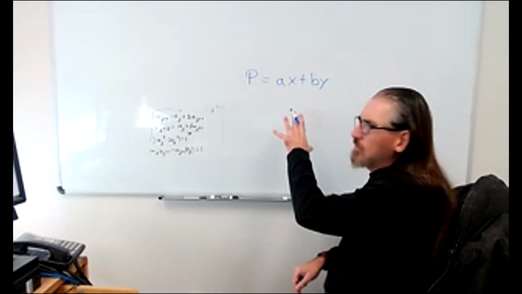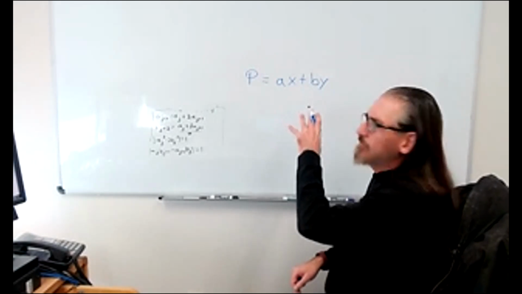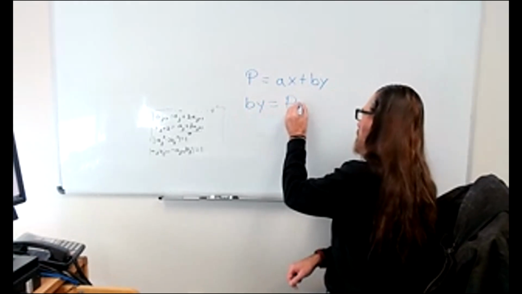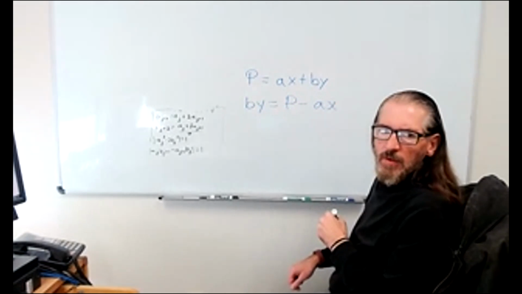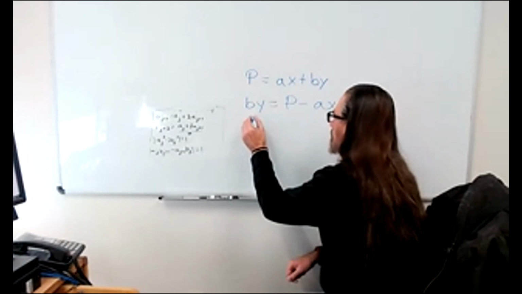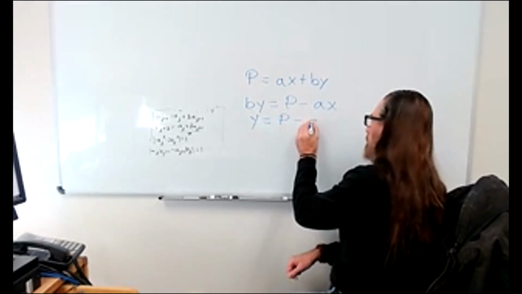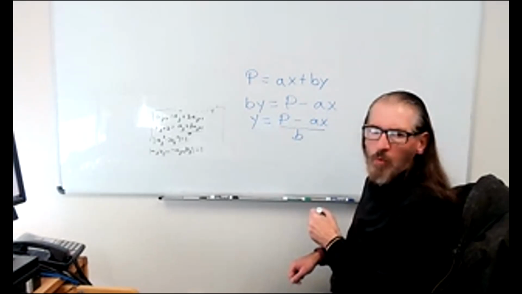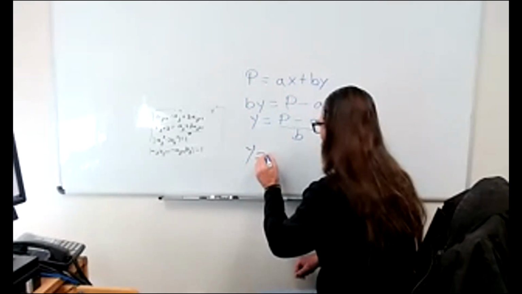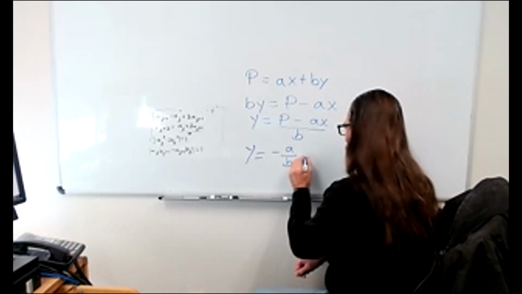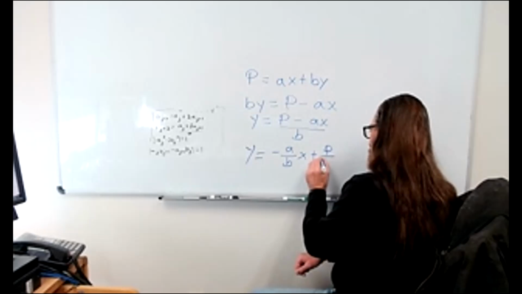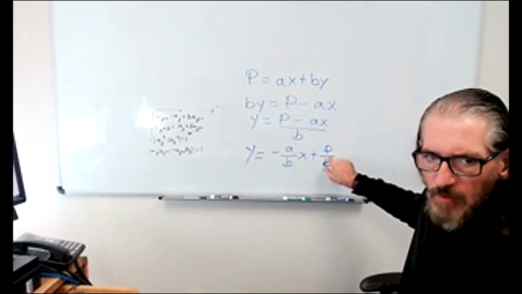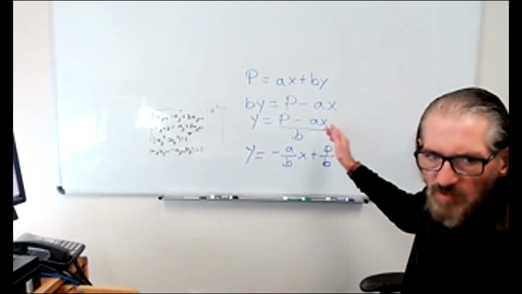If we were to take this objective function and solve it for y, subtract ax from both sides, and then divide everything on both sides by b. Remember that dividing by b is the same as multiplying by 1 over b. What you should be thinking of is p sliding.